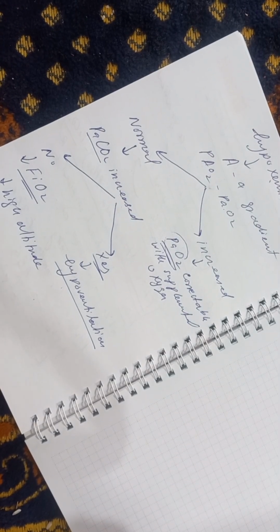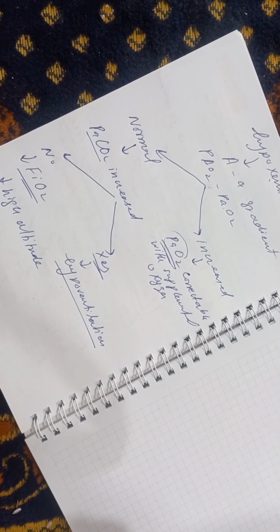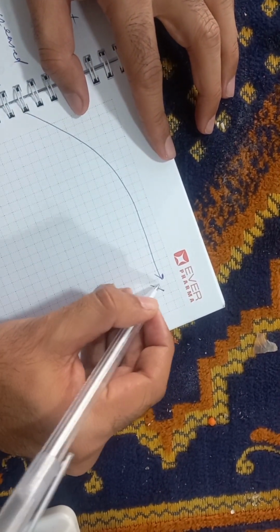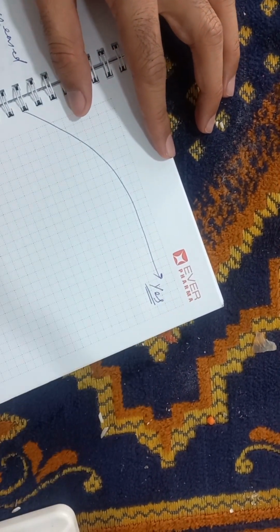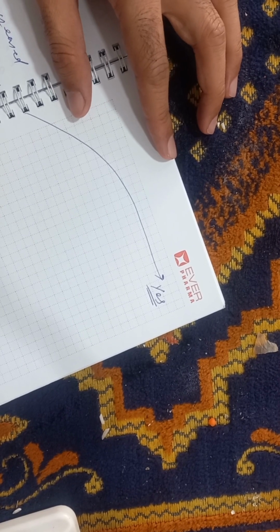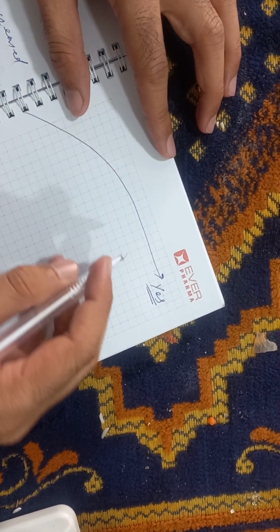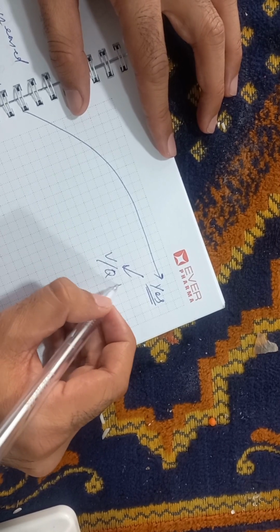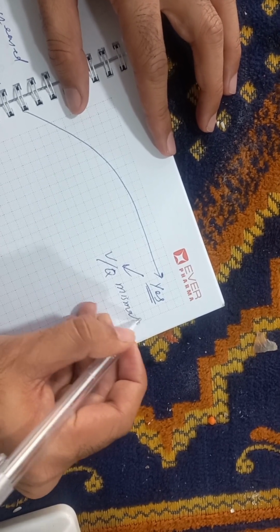if it is corrected, then we have, okay, so let's go to the other page. If the partial pressure of oxygen is corrected after giving supplemental oxygen, it means that this hypoxemia was most likely because of the ventilation perfusion mismatch.